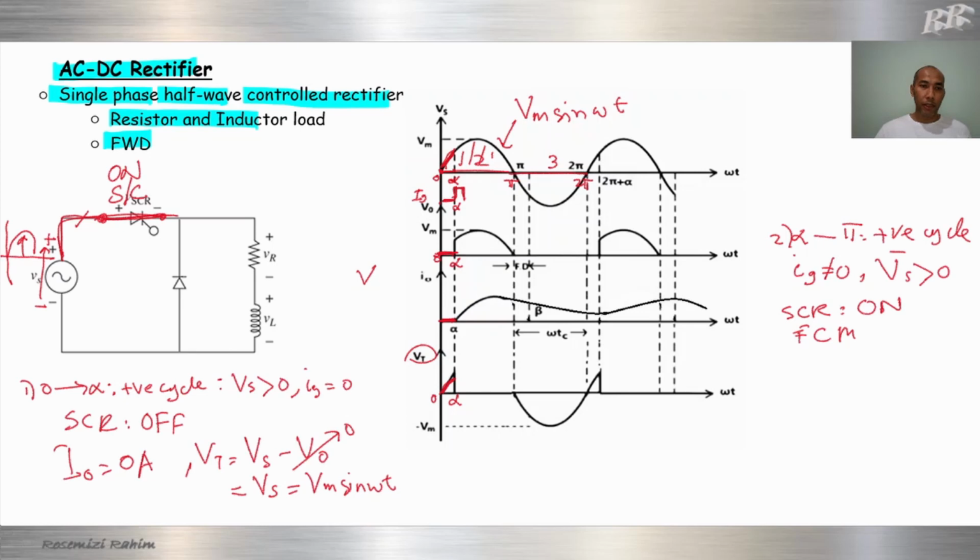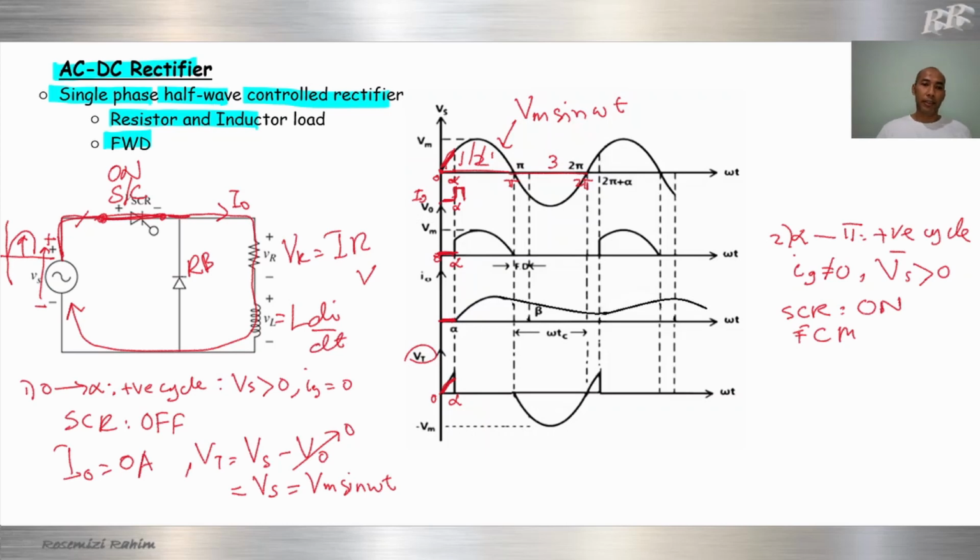Current cannot flow here because this one is in reverse bias. So all the current will go to the output, go to the inductor, and go back to the source. We call this current I out. When current goes to the resistor, there will be VR equal to I times R, and VL will be equal to L di over dt.